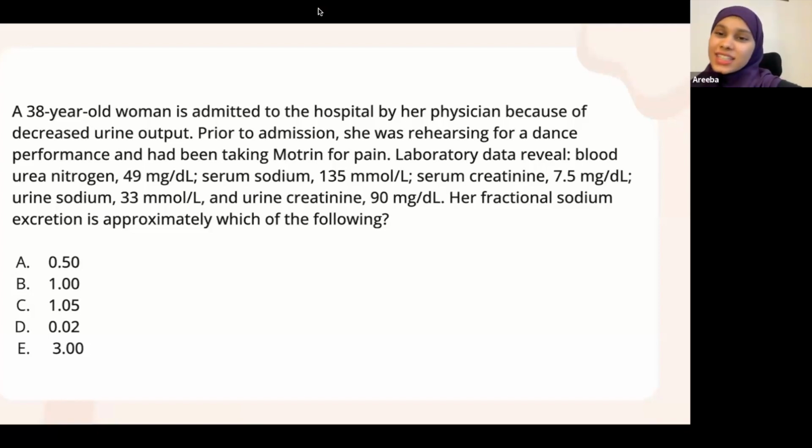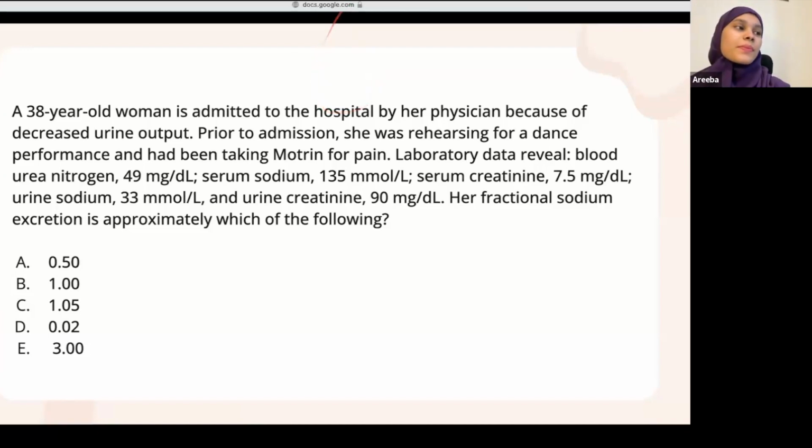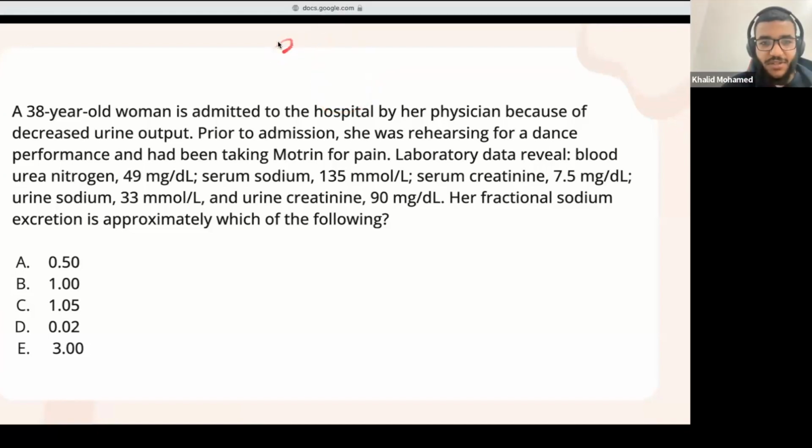We have C. Does anyone have any other answers? Okay, I think I can move on to the answer.